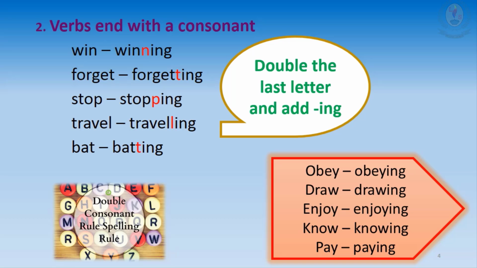So we do not double the last letter and we just add ing to the verb. But for the verbs with monosyllabic sounds, before adding ing we need to double the last letter and we add ing.